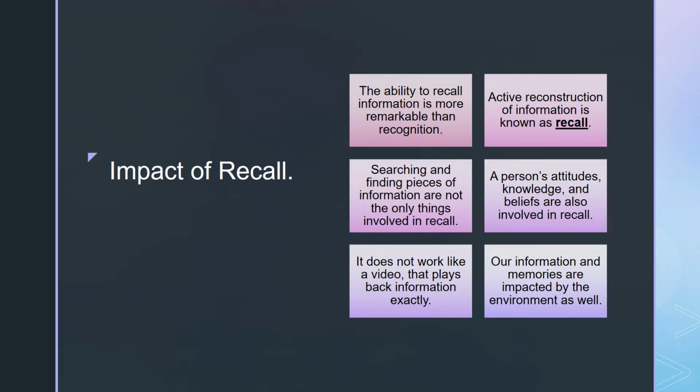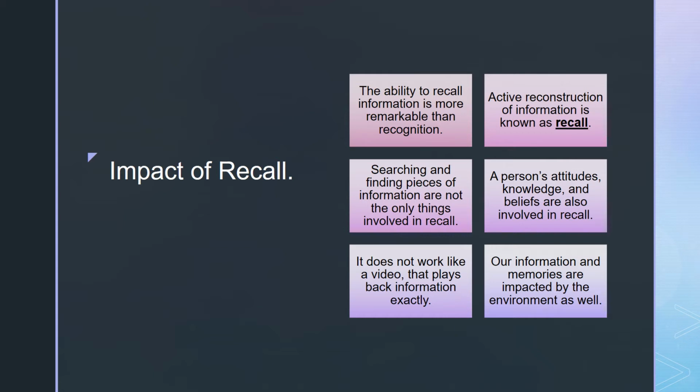Another thing that has to do with bringing up memories again is recall. The ability to recall information is more remarkable than recognition. It's easy for people to say, oh yeah, I recognize that building, I recognize that name, I recognize that face. But active reconstruction of information is known as recall. Searching and finding pieces of information are not the only things involved in recall.